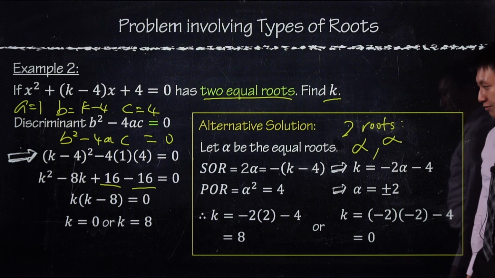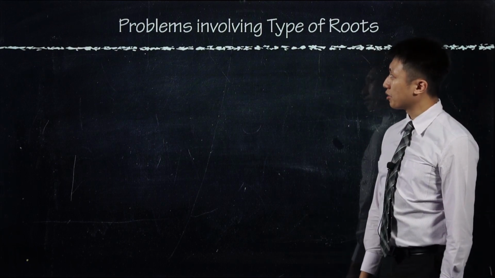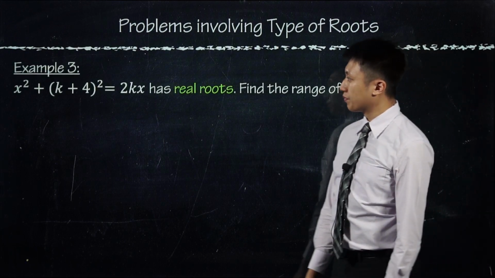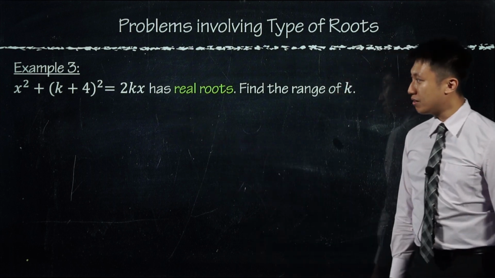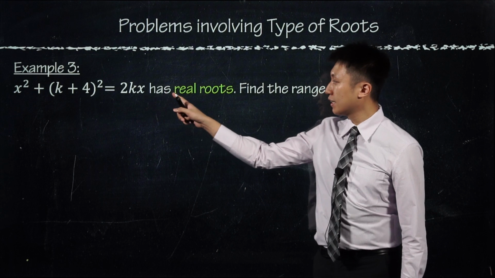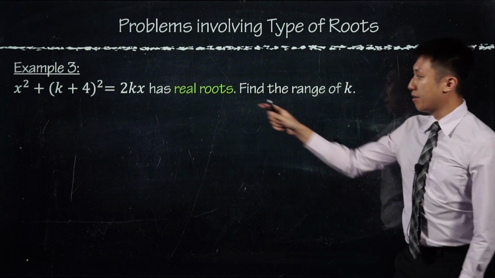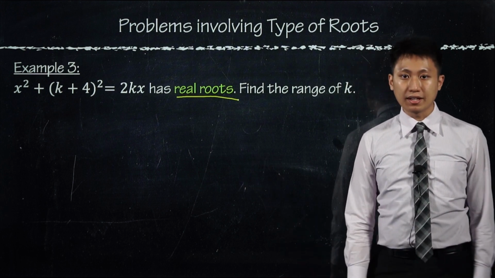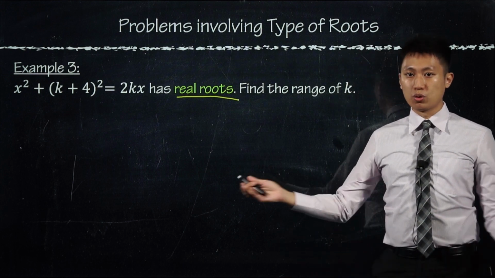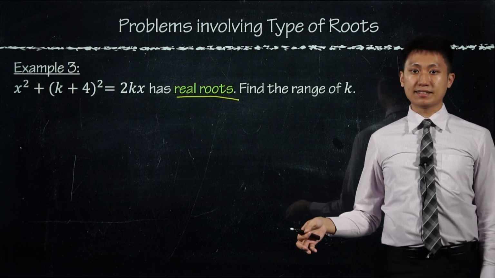Alright, so let's move on to the next one. Problem involving types of roots. You're given x squared plus (k plus 4) squared equal to 2kx has real roots. So what does it mean? Real roots, what do you get? When do you have no real roots? No real roots when b squared minus 4ac is less than 0.